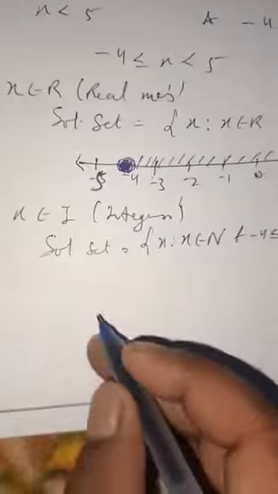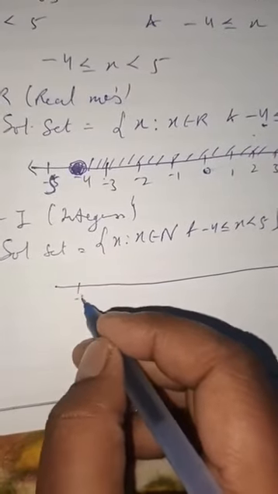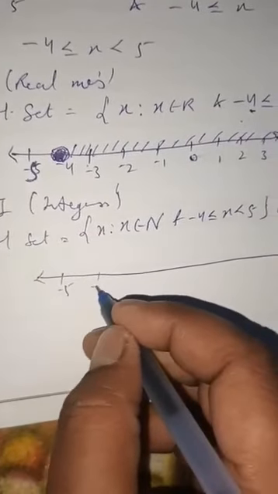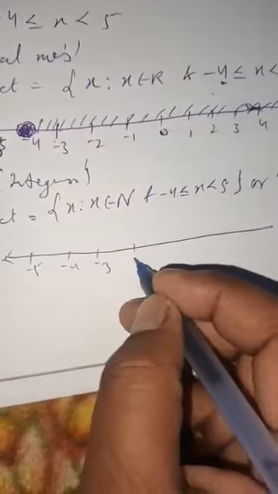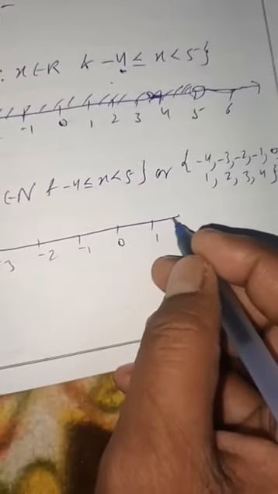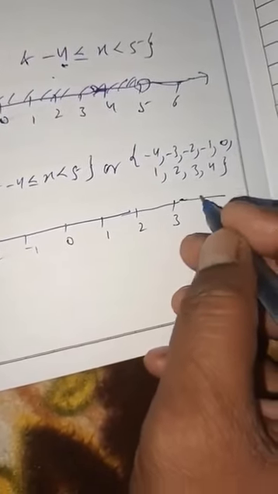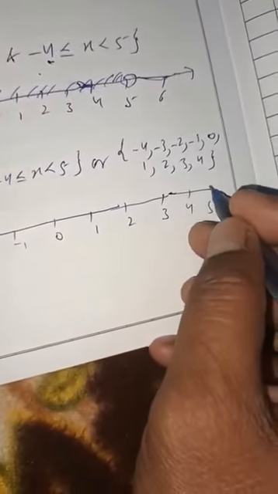So for the number line, let me start it with minus 5. Okay, and minus 4, minus 3, minus 2, minus 1, 0, 1, then 2, then 3, and 4, 5 and 6, and circle all the numbers.